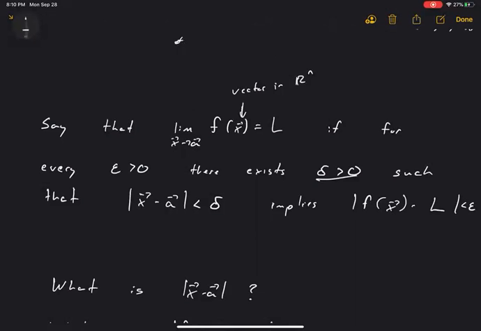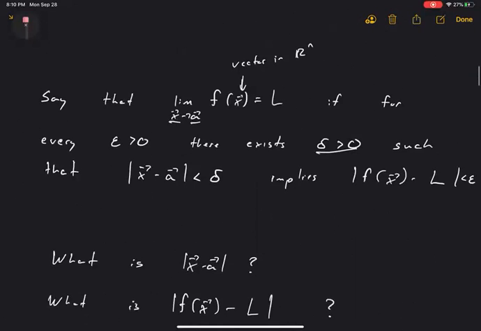So underneath our limit, this notation x arrow a means our vector x is approaching our vector a. Now, what do we mean by approaching? That's where these epsilon and delta come in. This magnitude of x minus a is less than delta.